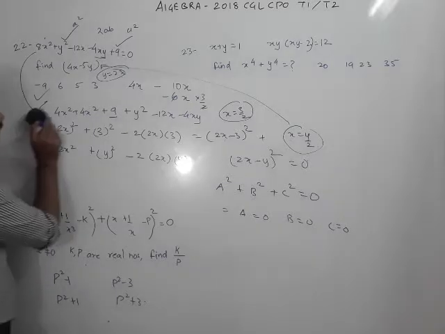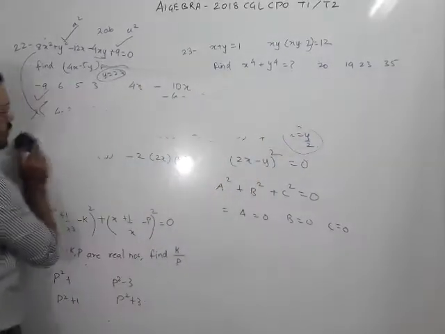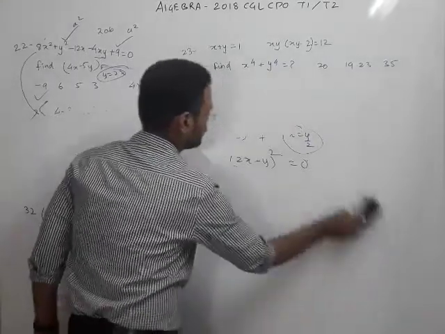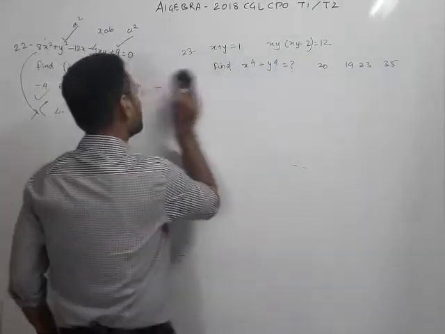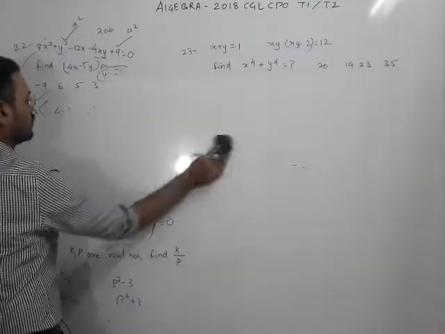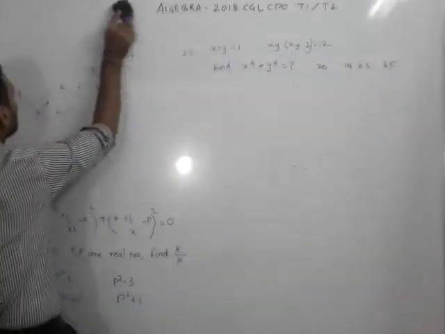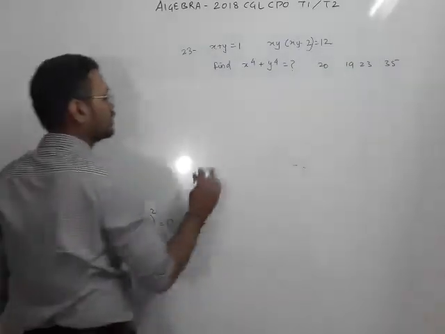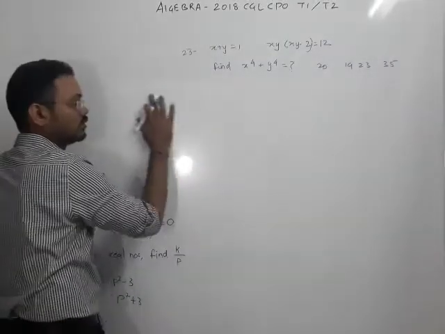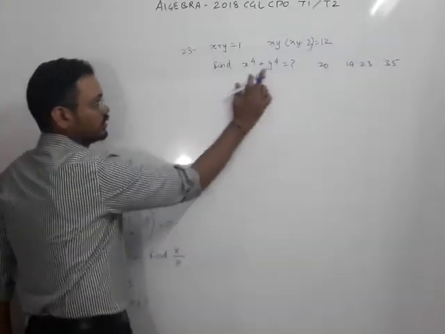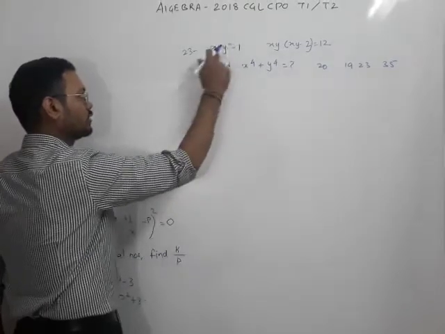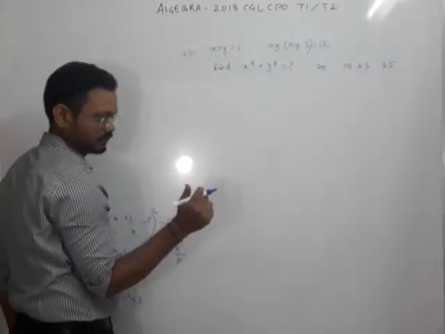Okay, next one. Now if you see this one, x raised to 4 plus y raised to 4 is to be found, x plus y is given.